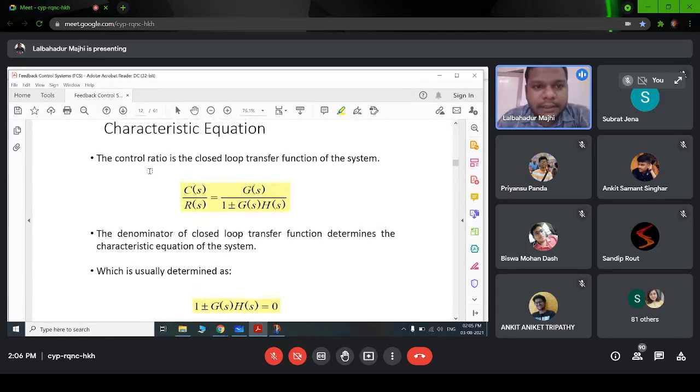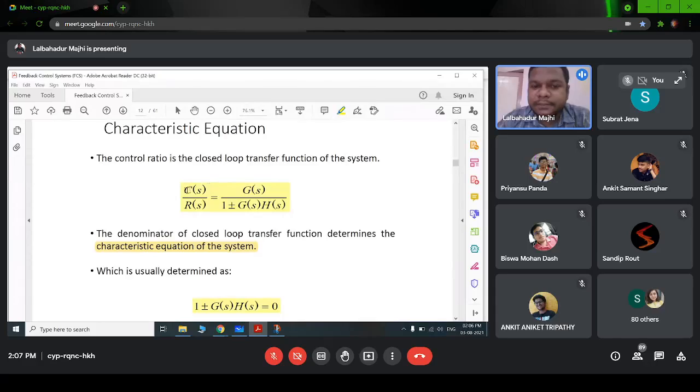So let's see what is the characteristic equation of a closed loop transfer function. This is the control ratio, also known as the control ratio C(s) divided by R(s). The control ratio is the closed loop transfer function of the system. It is given as G(s) divided by 1 plus G(s) into H(s). So the denominator of the closed loop transfer function determines the characteristic equation of the system.